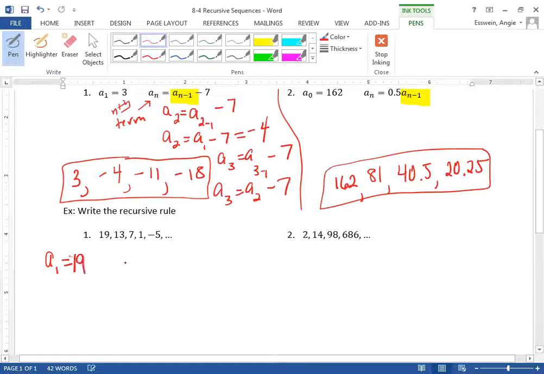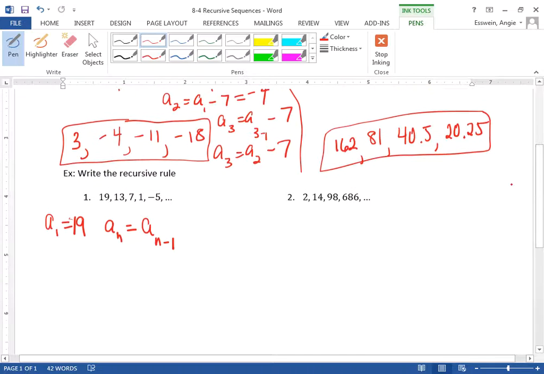Nice. And then we would say a sub n, the nth term, equals the previous term, which is a sub n minus 1, and then what do we do to the previous term? Minus 6.